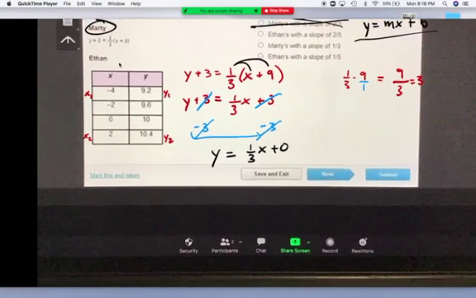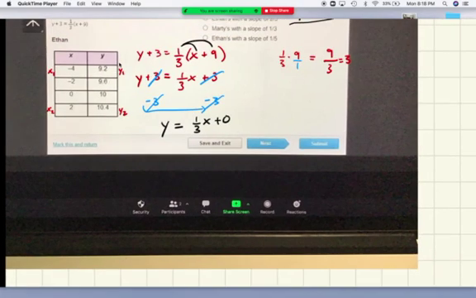And then use this formula, m equals y2 minus y1 divided by x2 minus x1. So you plug in the top part and get a number.